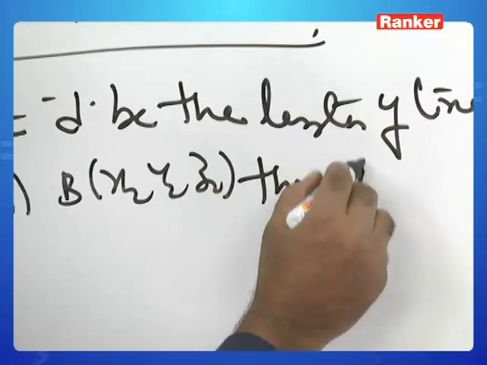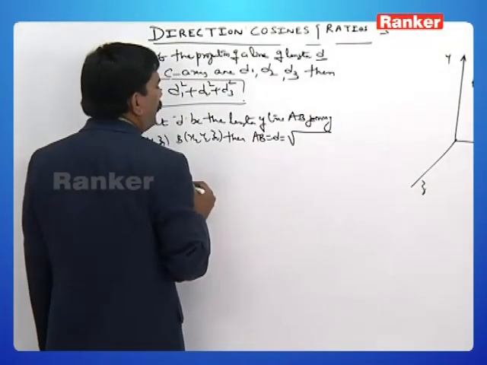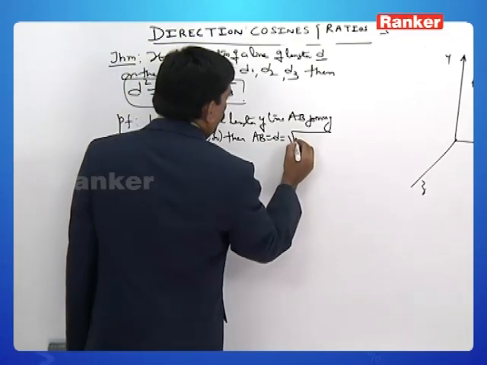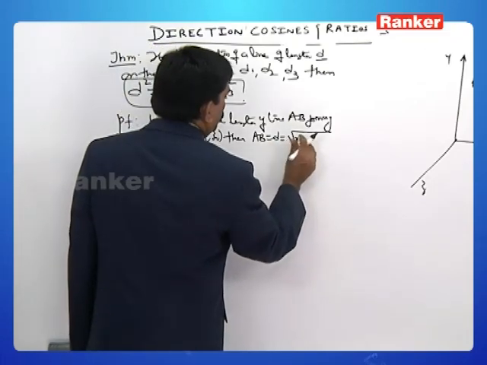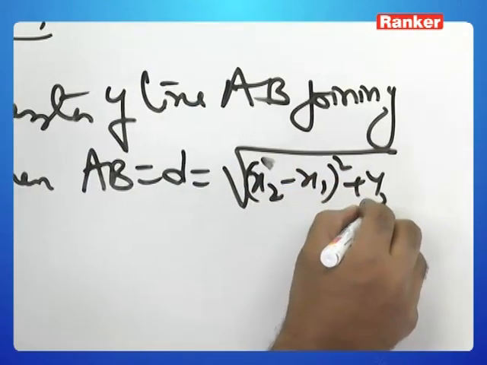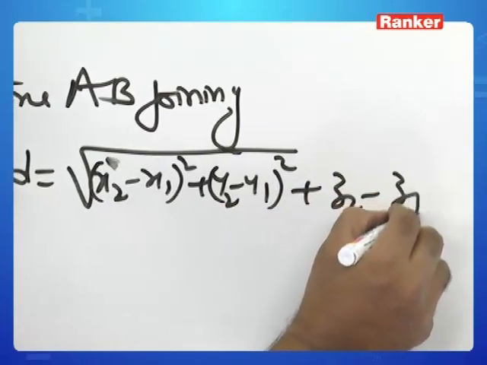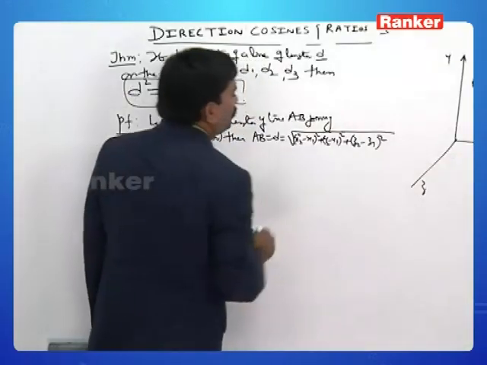Then AB is equal to d, which is equal to the square root of x2 minus x1 whole square, plus y2 minus y1 whole square, plus z2 minus z1 whole square.